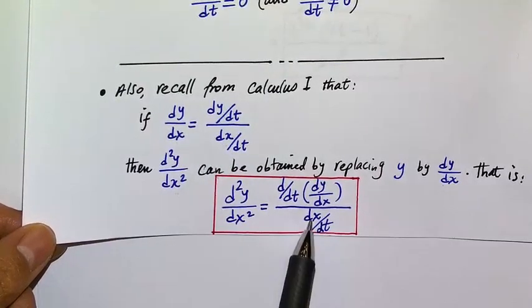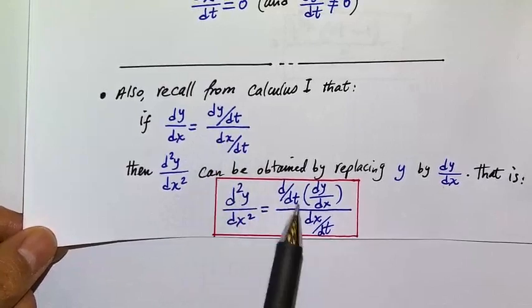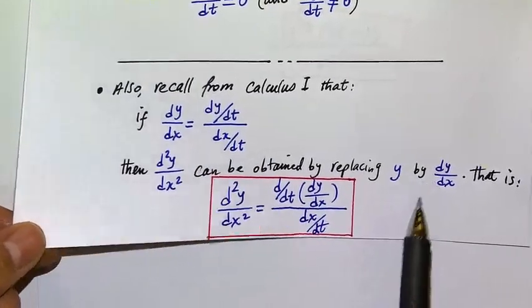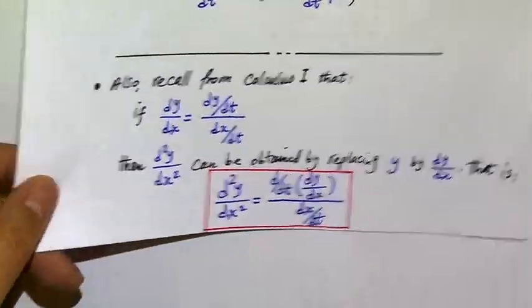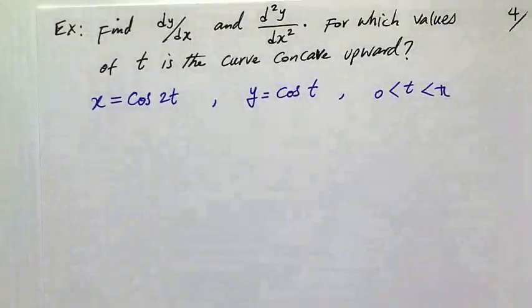The denominator doesn't change, but in the numerator we take the derivative of the first derivative.